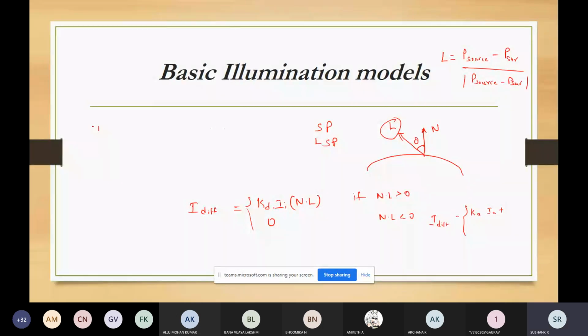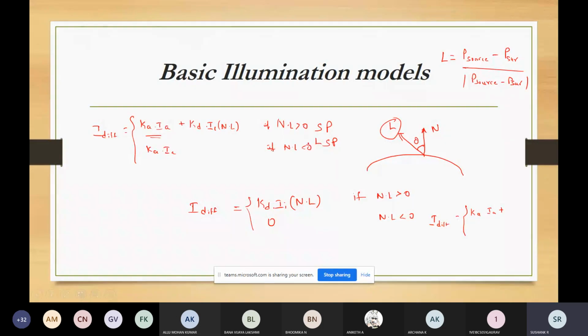So I diffuse is equal to... you can combine the equations which we have studied now to obtain the expression for the total diffuse reflection at the surface position by giving this equation: Ka into Ia plus Kd into the intensity of the light into the vector product N·L if it is greater than 0, and only Ka into Ia if N·L is less than 0.